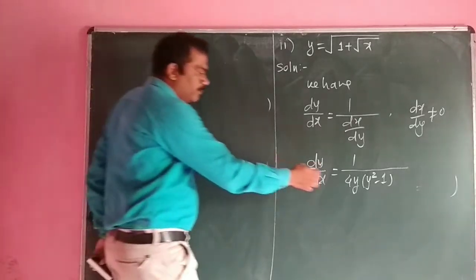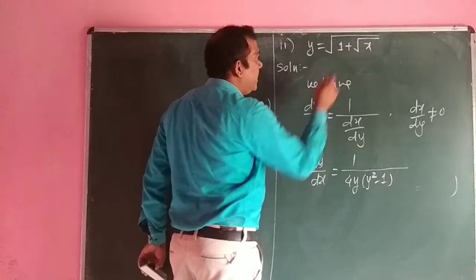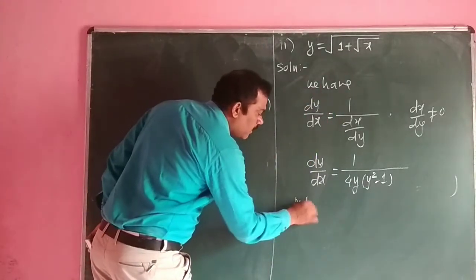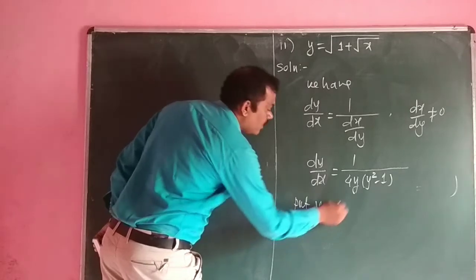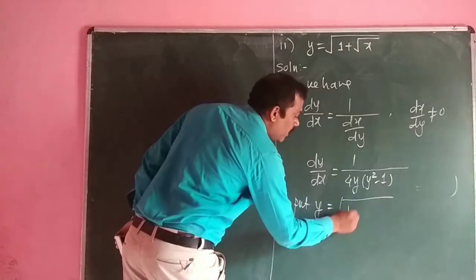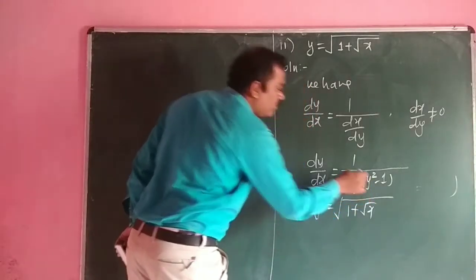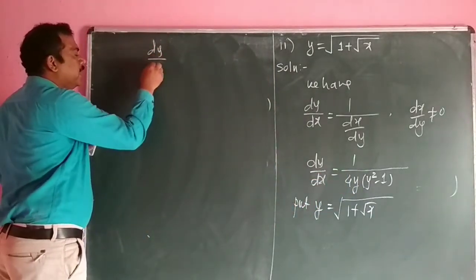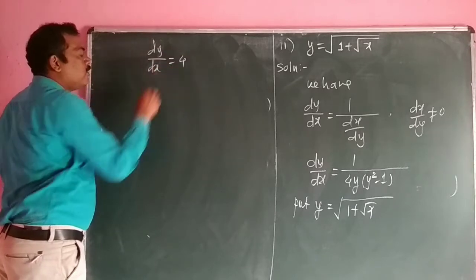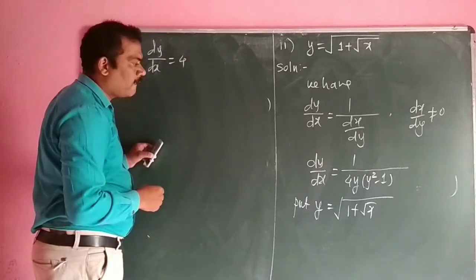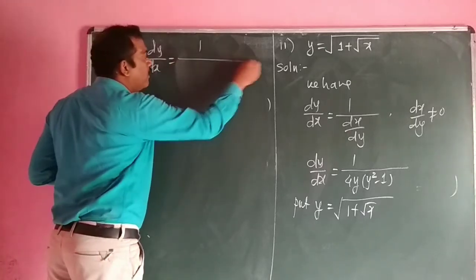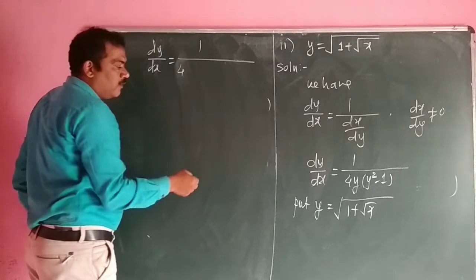Now we have to substitute the value of y. What is the value of y? Root of 1 plus root of x. Put y is equal to root of 1 plus root x. We substitute here, so dy by dx is equal to 1 upon 4 into, what is the value of y?